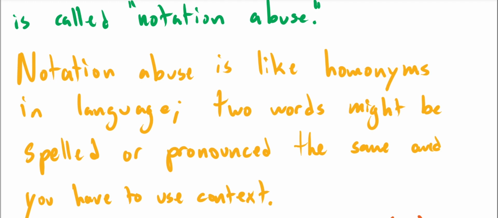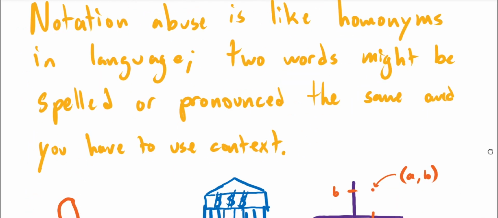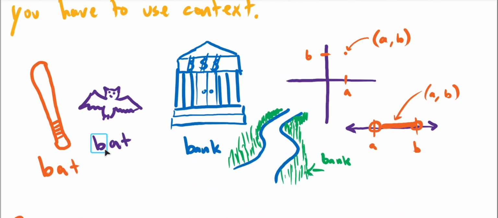There are many words in the English language, for example, that are spelled or pronounced the same way, and they mean different things, and you have to use context to sort out what those are. For example, there's bat and there's bat. There's a bank and there's a bank. There's a bank you keep your money in, and there's a river bank. And in the same way, you need to use context to figure out if I mean the coordinate (a, b) or if I mean the interval (a, b).